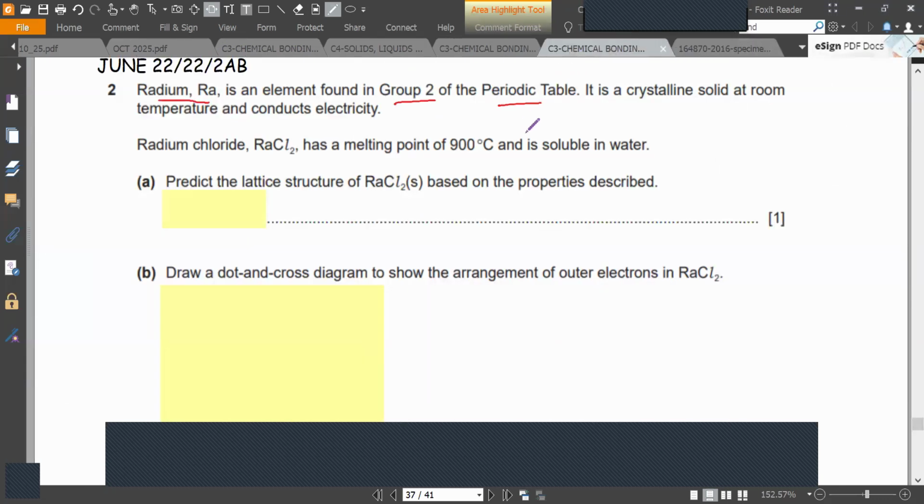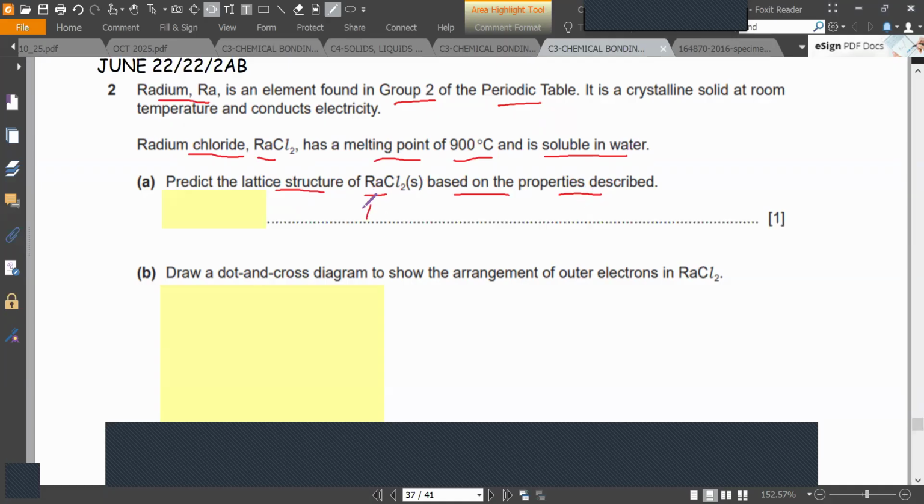Radium chloride, RaCl2, has a melting point of 900 degrees Celsius and is soluble in water. Predict the lattice structure of RaCl2 based on the properties described.